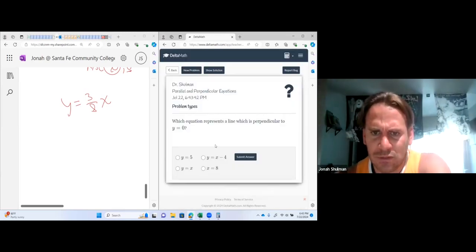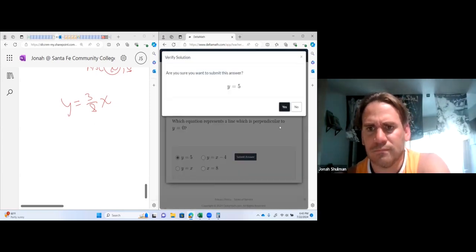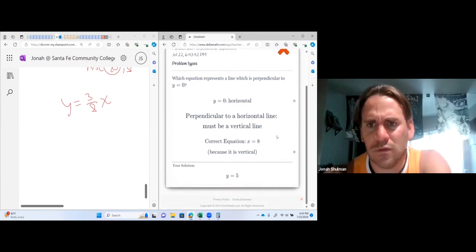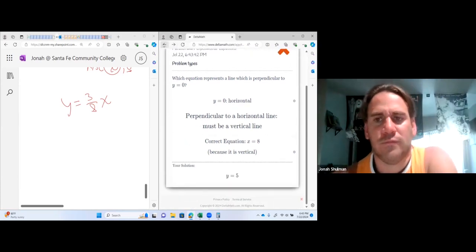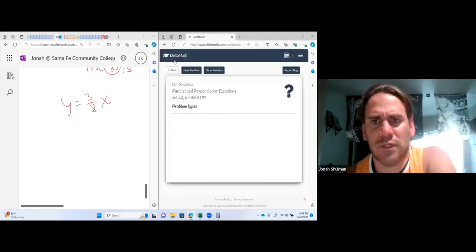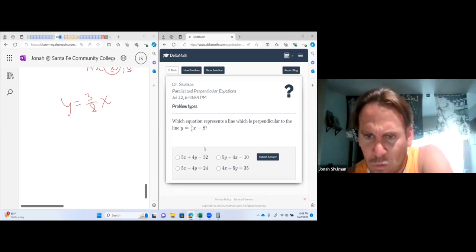Which is perpendicular to y equals 0. So that's the x-axis. So it's got to be y equals a number. Oh, yeah, because it is horizontal. So the other one's up and down. Which is perpendicular to this. It's got to be a negative.